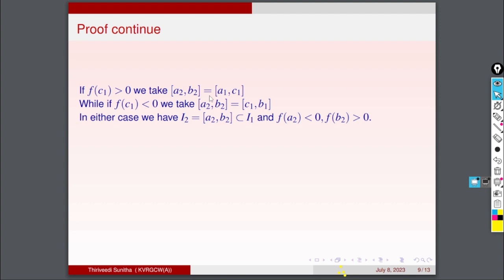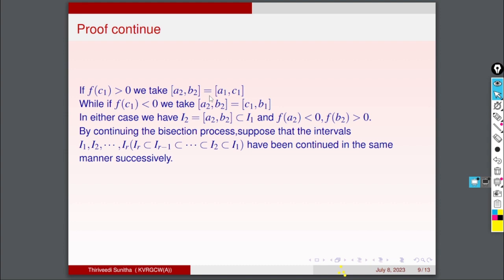In either case, we have I2 = [a2, b2], which is contained in I1. And as usual, f(a) < 0 we took there, no? Like that, for this interval [a2, b2], f(a2) < 0 and f(b2) > 0. This is case 1, no?